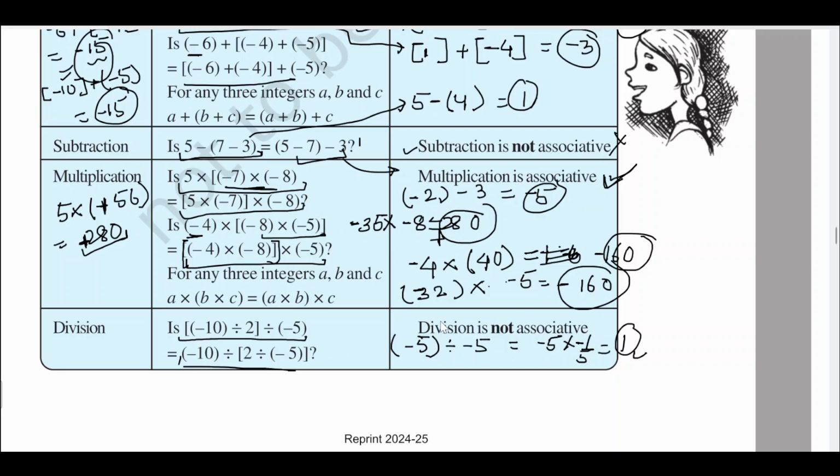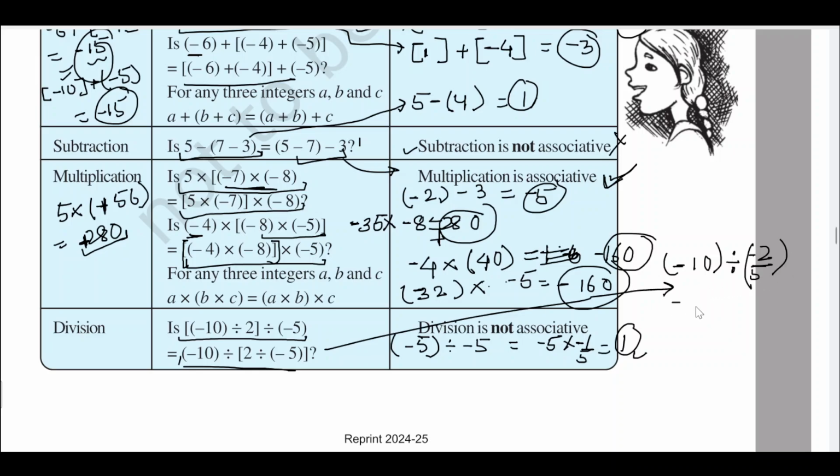RHS side we will get minus 10 is outside the bracket and divided by, 2 divided by minus 5, that is minus 2 by 5.